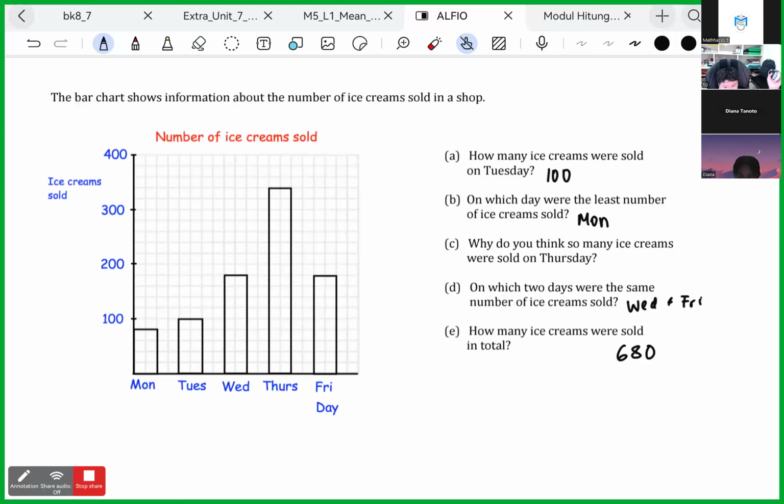So how many ice cream were sold on Tuesday? 100. On which day, least number? Monday. Okay, so the greatest number of ice cream sold is on Thursday. Why do you think is it?